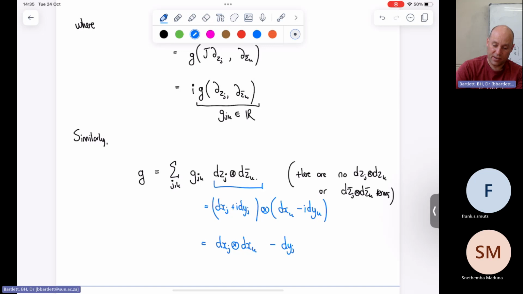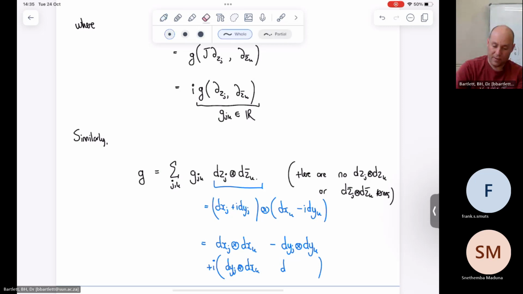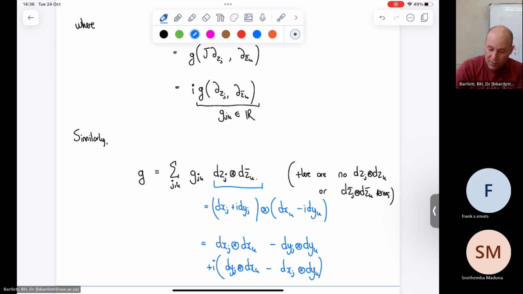Minus dyj tensor dyk plus I times dyj tensor dxk. And I think this is supposed to be a plus.